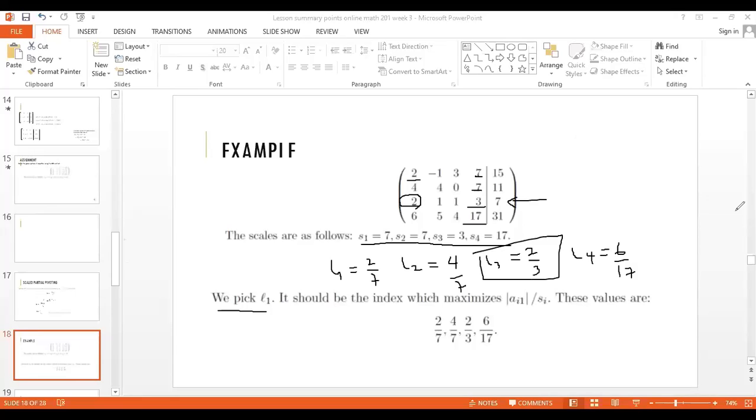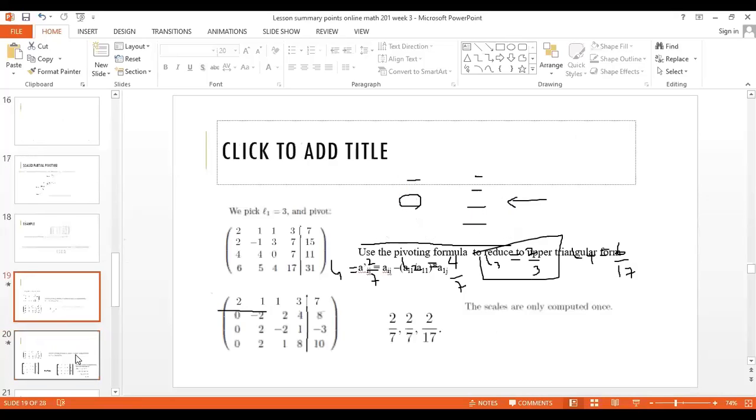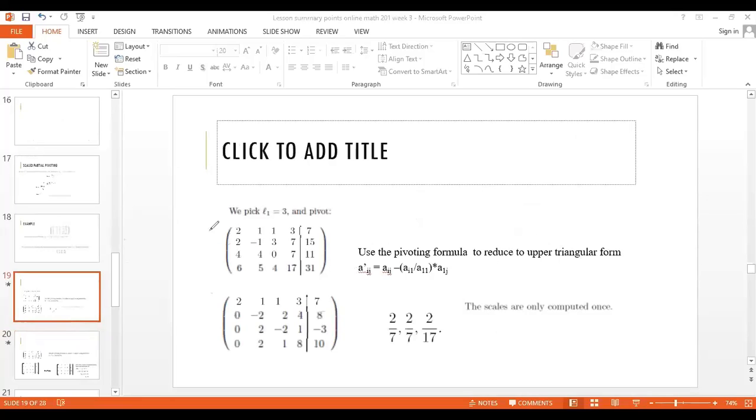So what we did in the previous class was to bring row 3 to the top. The initial row 3 was brought to the top, then this was row 1. Then we brought row 2 down, and row 4 down here. Then we apply the pivoting formula.